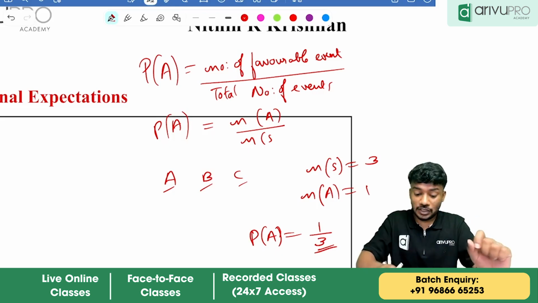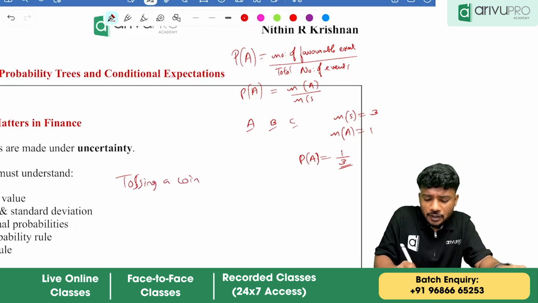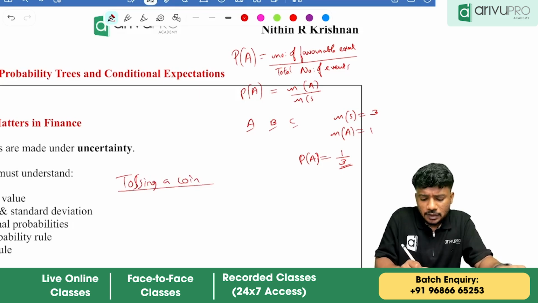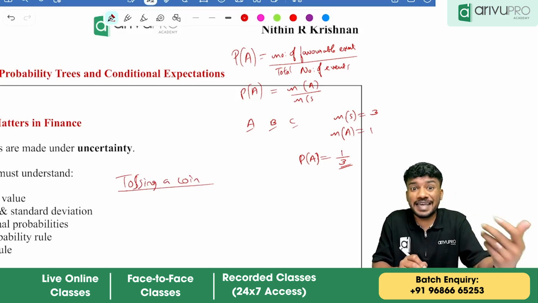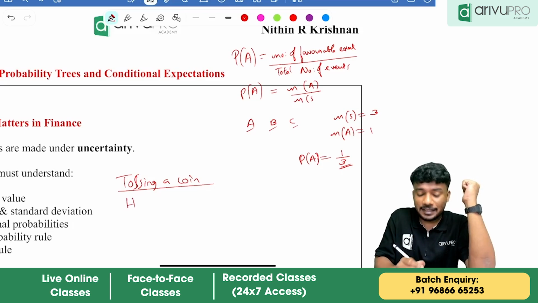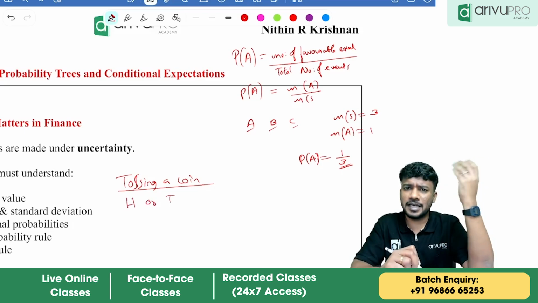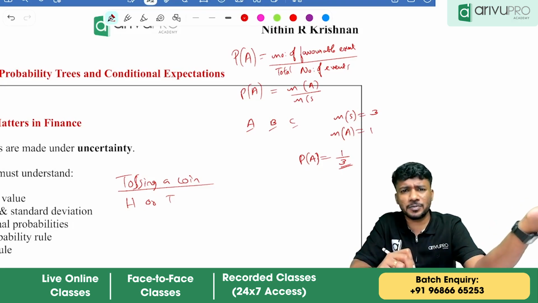That's the logic. Now, go with the help of tossing a coin. Tossing a coin, the total sample space, the probable outcomes, when I toss it one time, either it can be a head or it can be a tail. Only two possibilities are there.